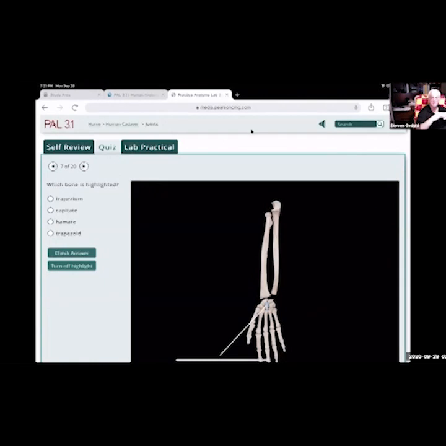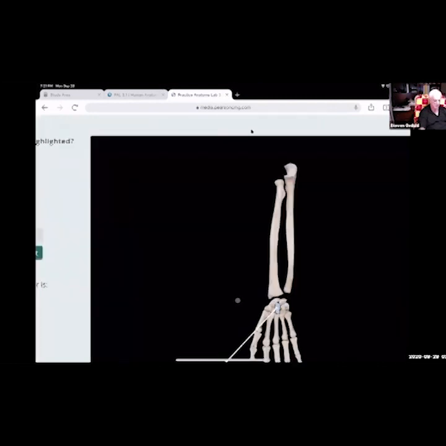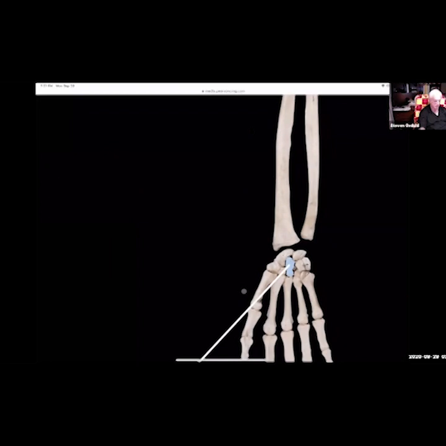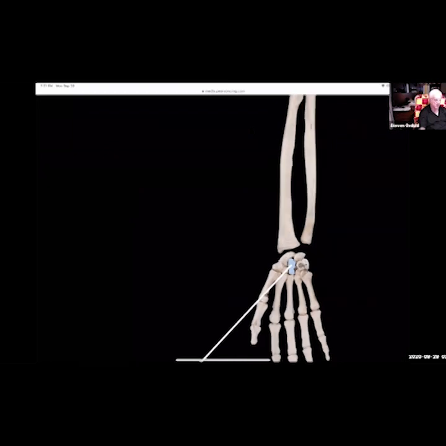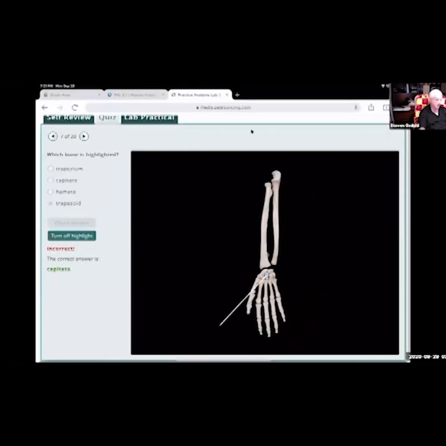Any guesses? One of those four. Trapezoid. Nope, it's the capitate. It's the capitate bone. Trapezoid is this one over here next to it. I get the bones of the hand mixed up sometimes.